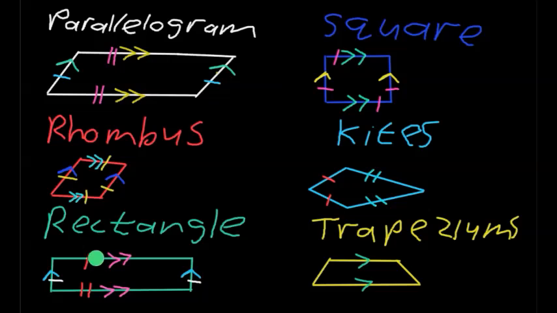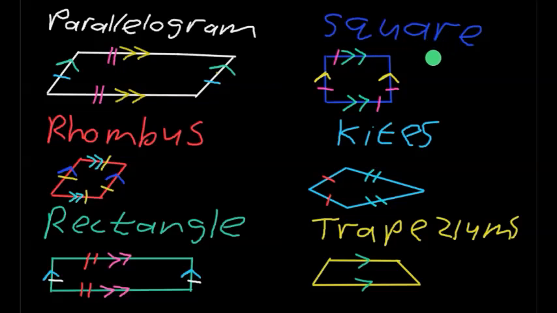We can see these red lines indicate that this side and this side have the same length, let's say 11 centimeters each, and the white lines indicate that these 2 sides, let's say, are 2 centimeters each and of the same length. So rectangle and parallelogram are exactly the same in terms of the side properties. What distinguishes a rectangle and a parallelogram from each other would in fact be the properties in terms of the angles.